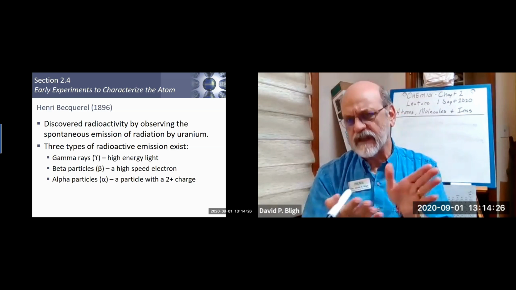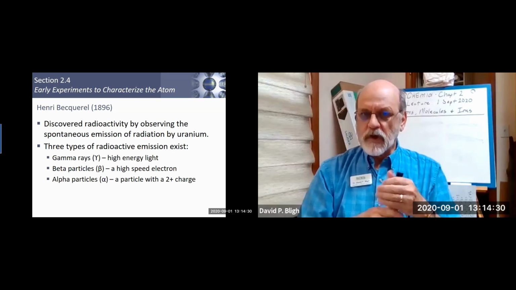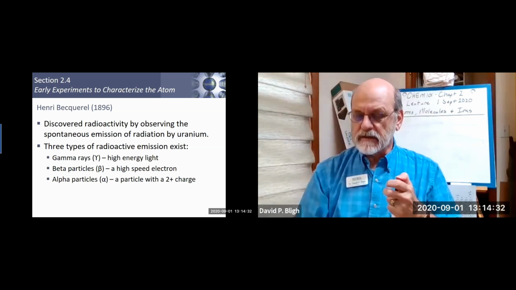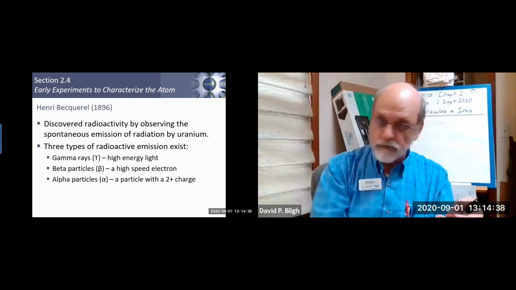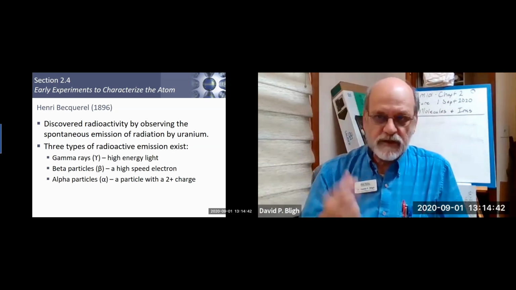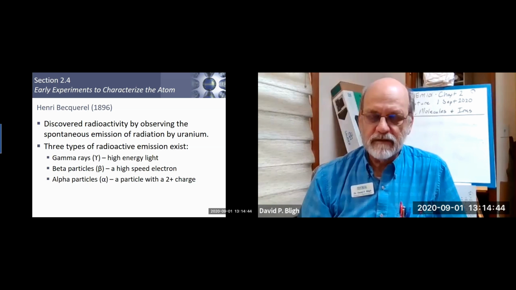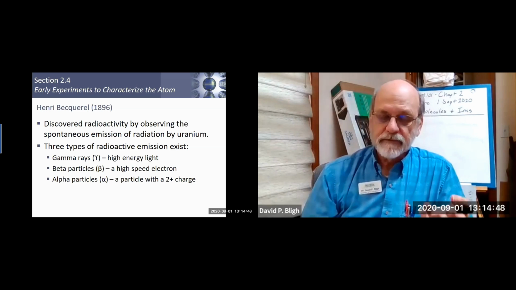Unexposed plate, of course, you'd have to keep it away from light or it would be exposed. So purely by accident it was discovered that certain elements would expose the plate right through the material that covered it. So that sparked a revolution in scientific research on radioactivity.